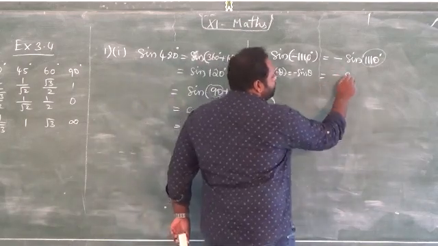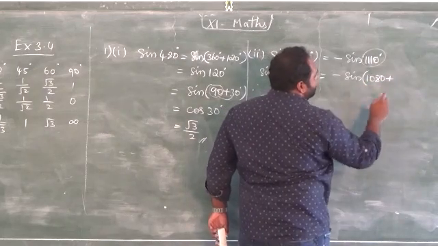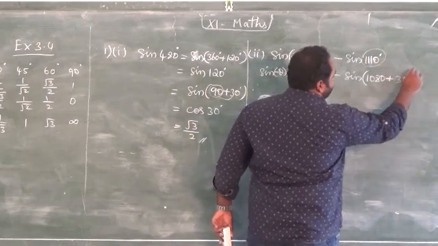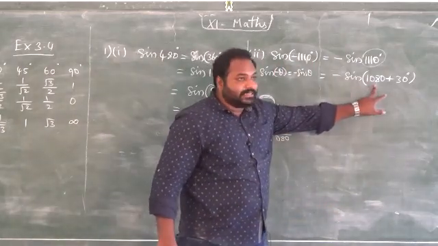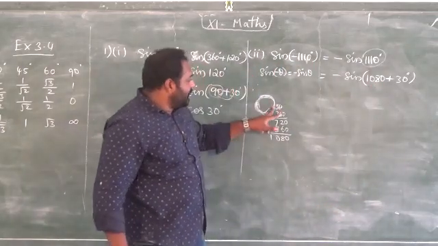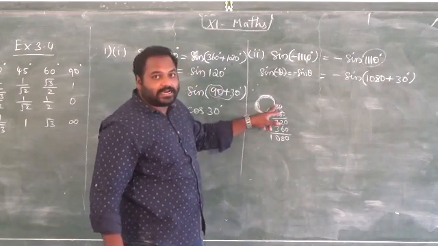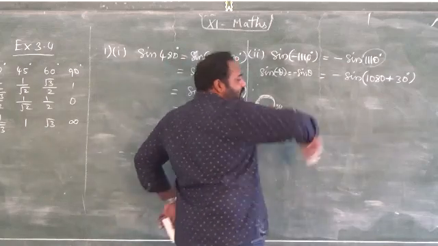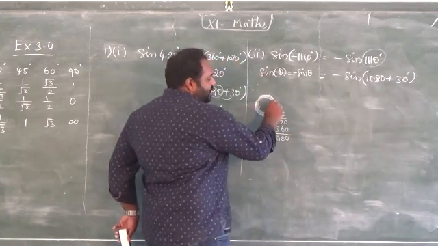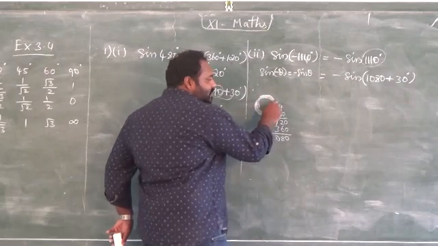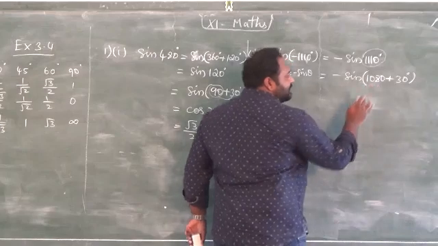So it can be split as 1080 plus 30 degrees. 1080 also occurs at the 0 degree angle, because three times rotating the circle gives 1080, which is the same as the 360 or 0 degree angle.